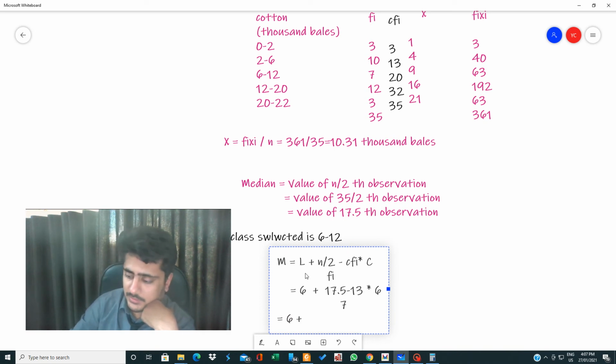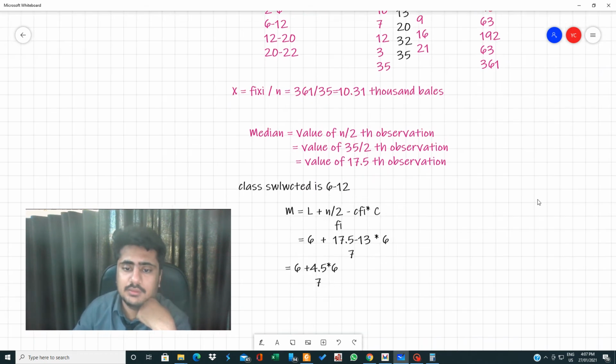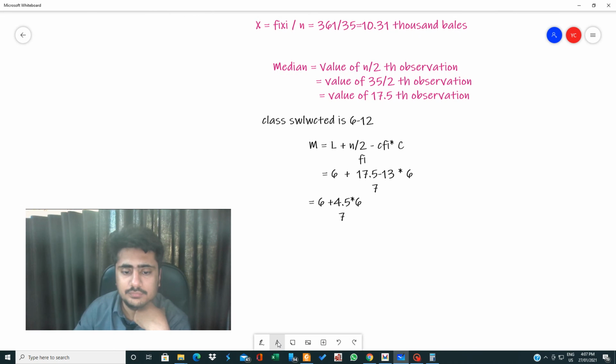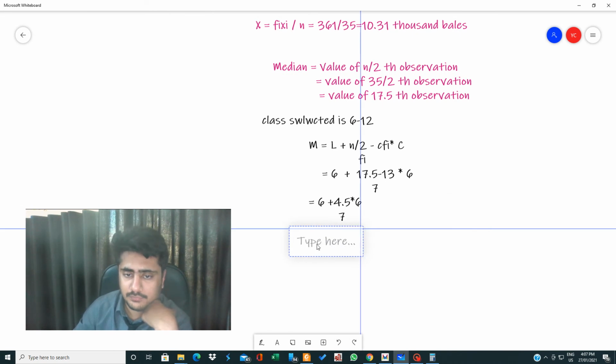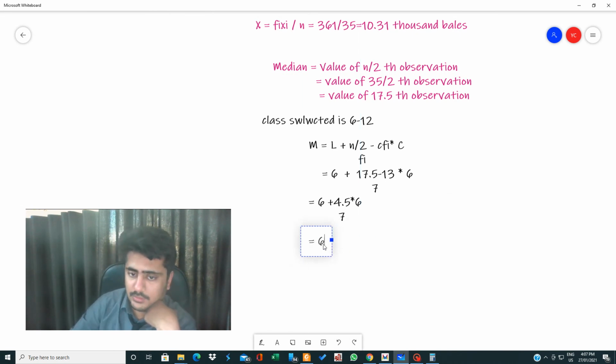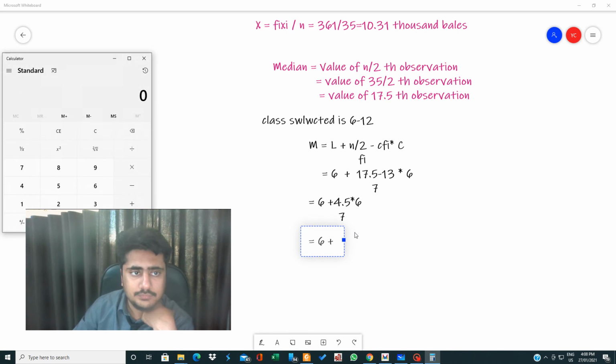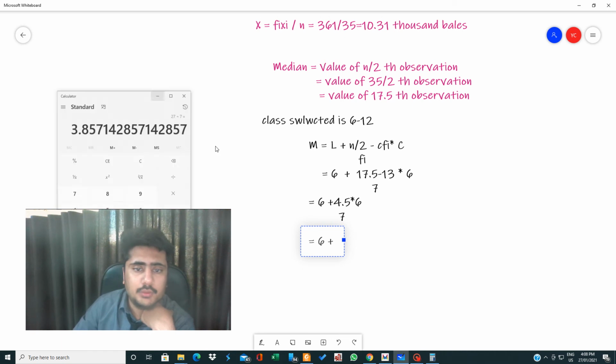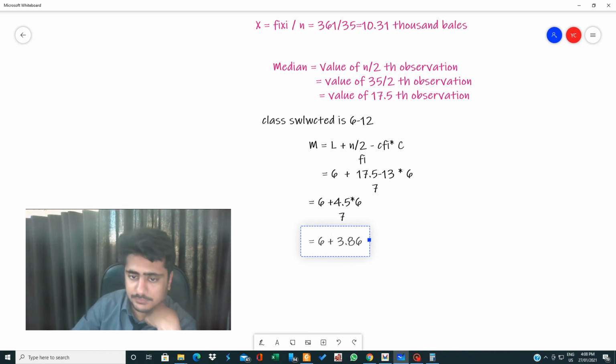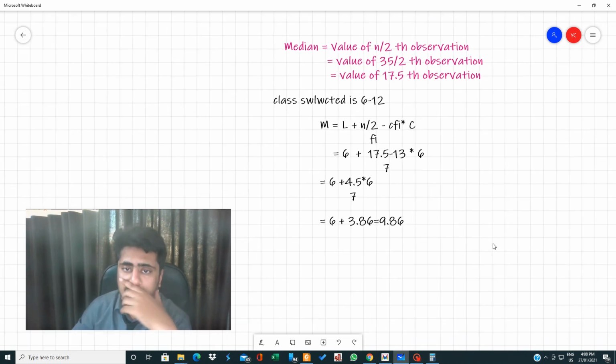So it is 6 plus 4.5 into 6 upon 7. This is 6 plus 3.86, which is 9.86.